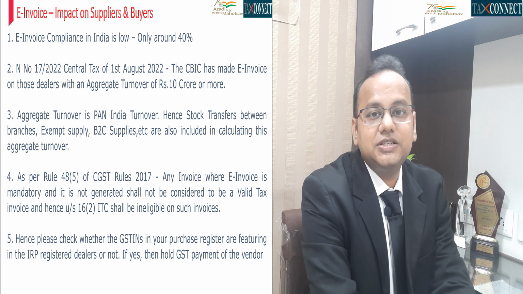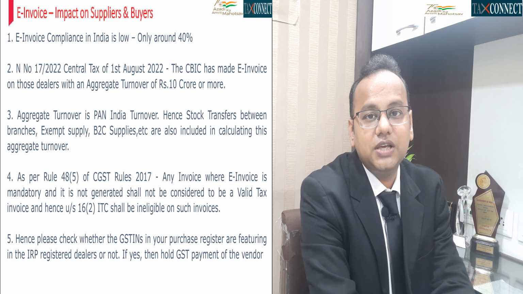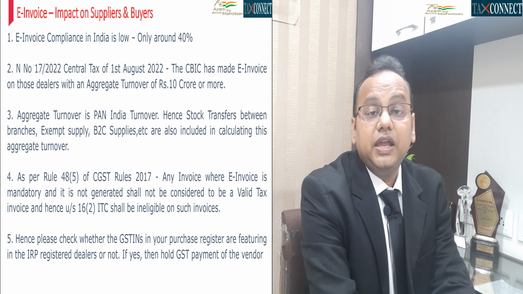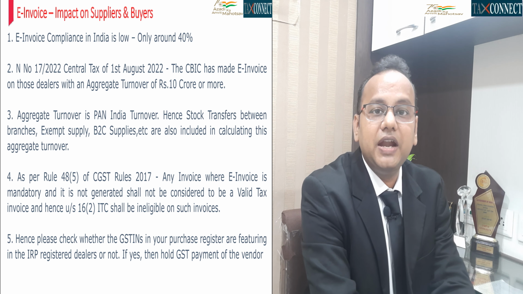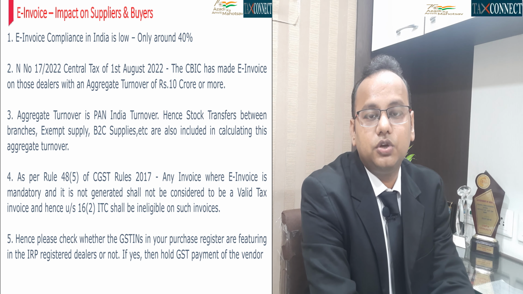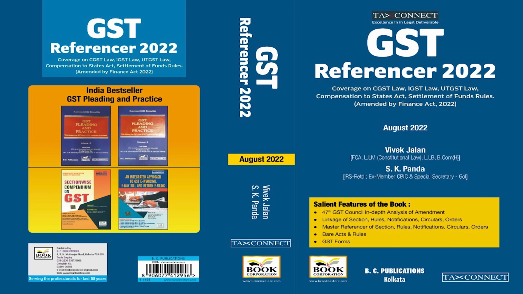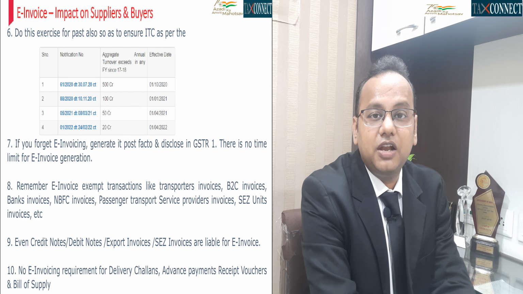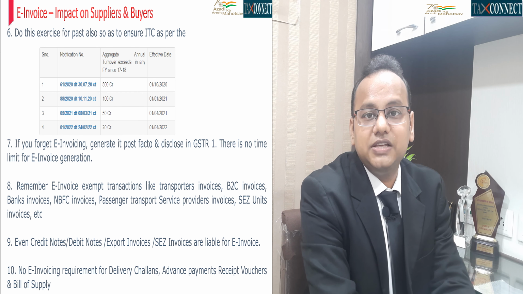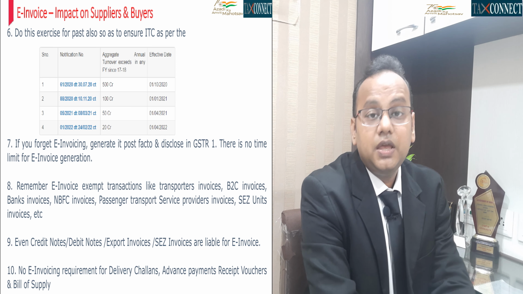In case they are registered in the IRP portal, then those suppliers are mandatorily required to generate e-invoice, and if they have not given you the e-invoice, then it may be advisable to stop the GST payments and ask them to give an e-invoice to you, and only then would input tax credit be available to you and you should release those GST payments.